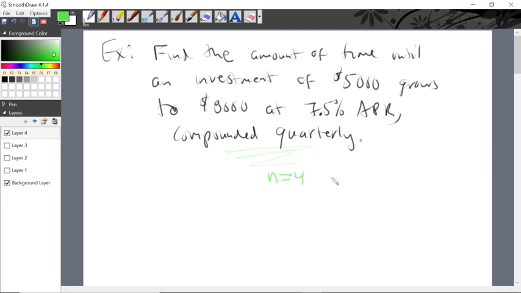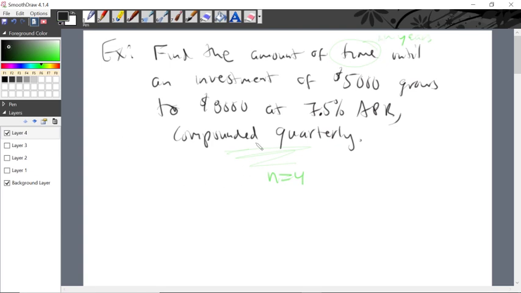That is 4 times per year, and we have an annual percentage rate, so the units of time are matching up. 4 times per year, 7.5% per year. So the amount of time we're going to be solving for would also have to be in years.